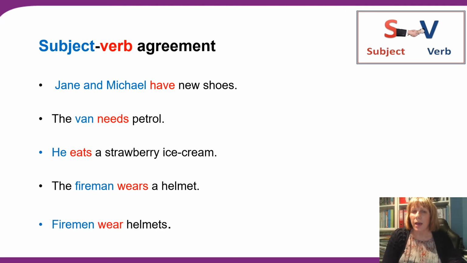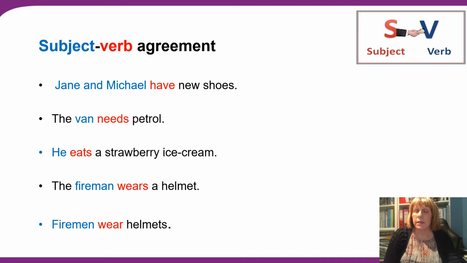Firemen wear helmets. What do you notice about those sentences? That when you have a singular subject, then you have an S on the end of the verb, or your verb changes form. So if only Jane had new shoes, it would be Jane has new shoes, or I have new shoes. So the verb will change according to your subject.